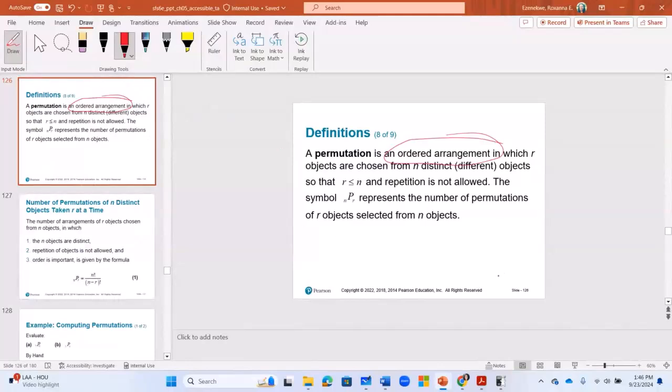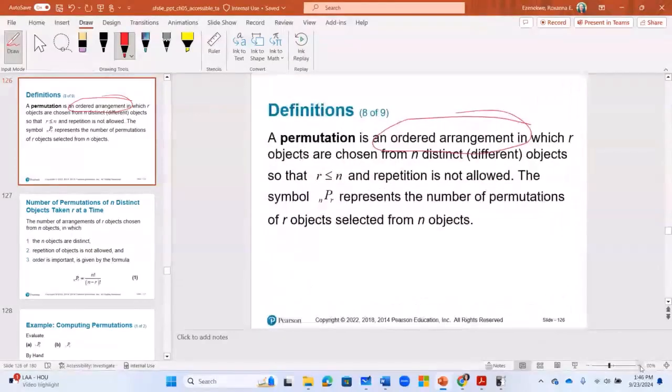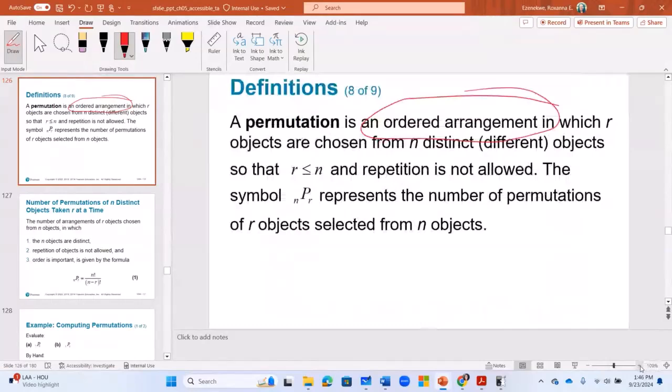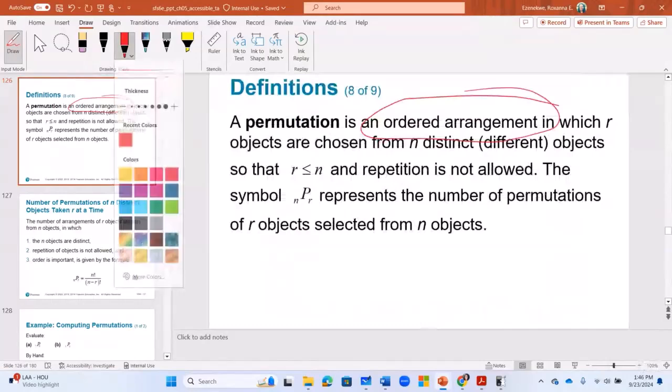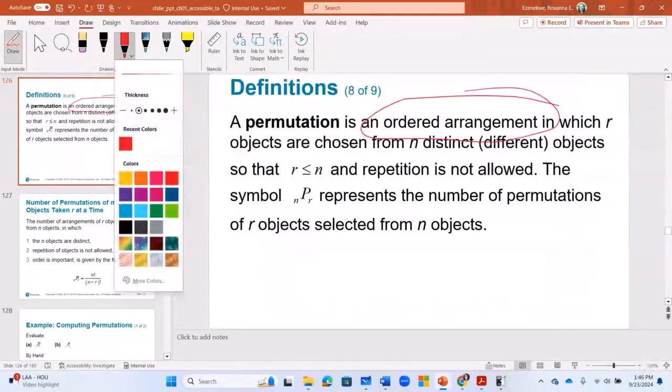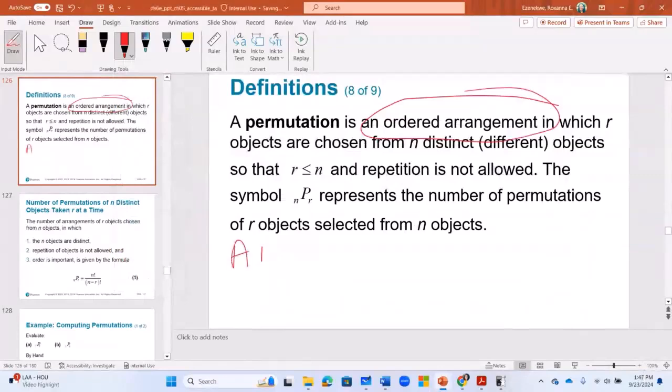Suppose I'm given 3 letters and I am told to write the letters ABC, where order is important. Do an ordered arrangement of ABC. I am going to do only 2 or 3 of them. The first one is A, B, C, the way it is.